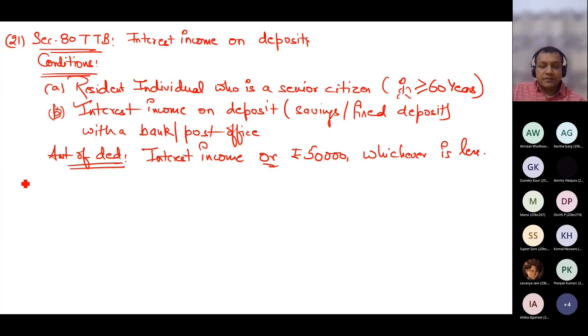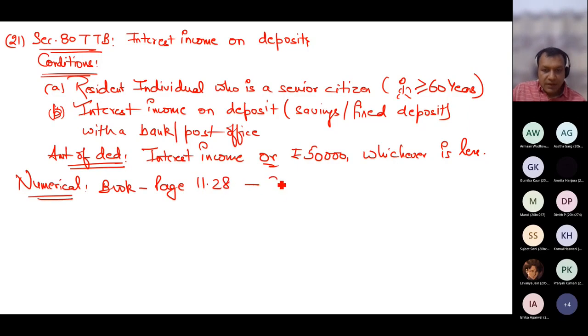Small numerical which you should solve. It is again from my book, page 11.28, and this is the example given on that page.